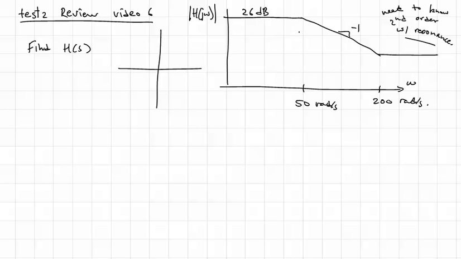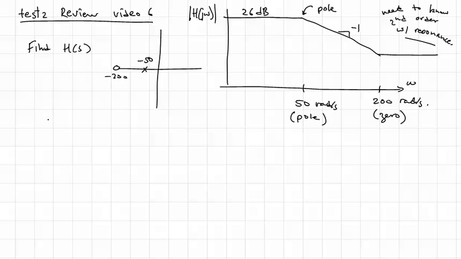There is a pole at minus 50, right here, and there is a zero at 200, because we're going from a slope of minus 1 to 0, so we've increased our slope by 1, so we have a zero at minus 200.